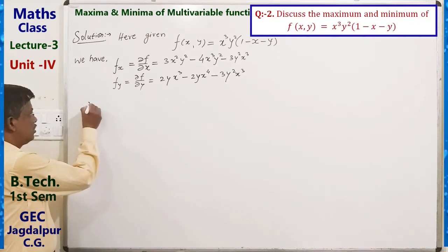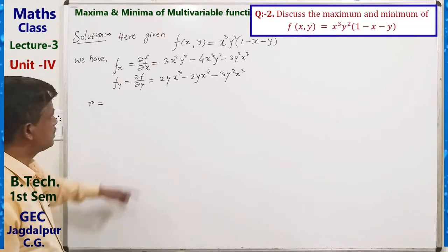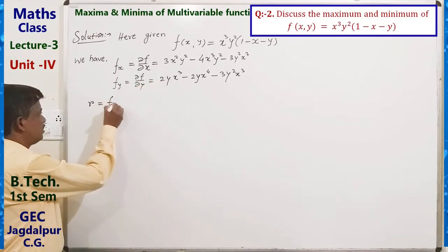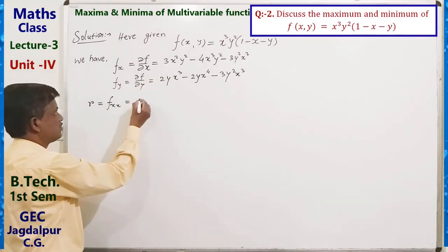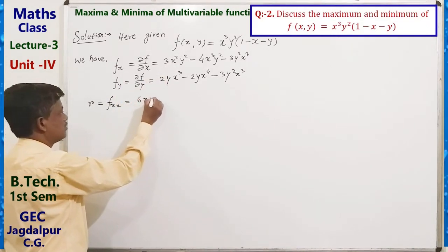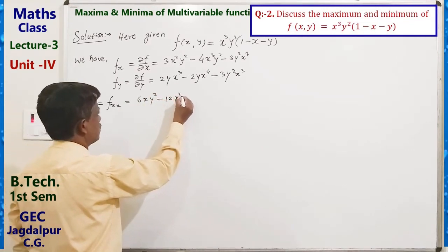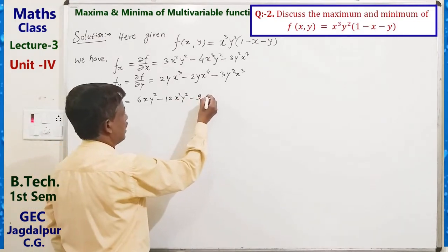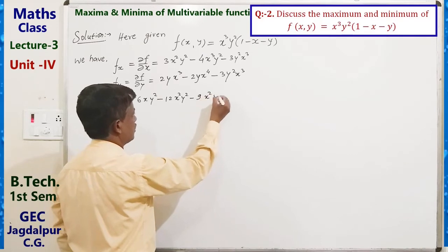Also r equals, again differentiate it. Fxx means what? With respect to x, 6x y square minus 12x square y square minus 9x square y square.